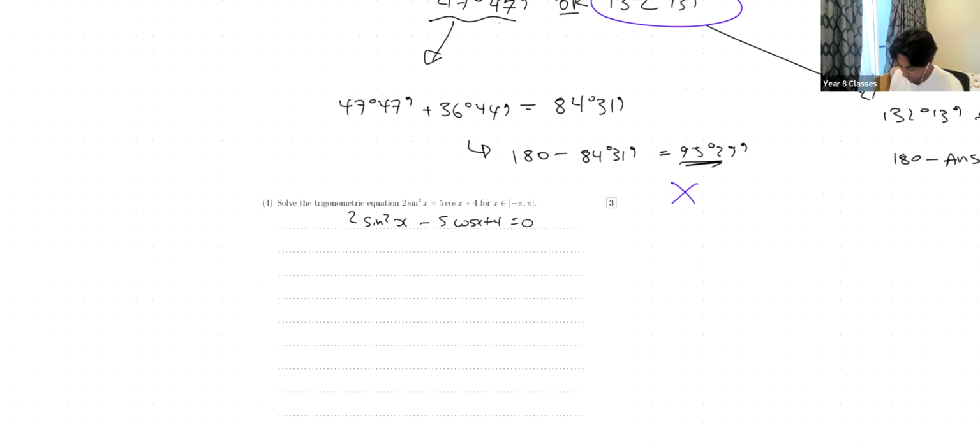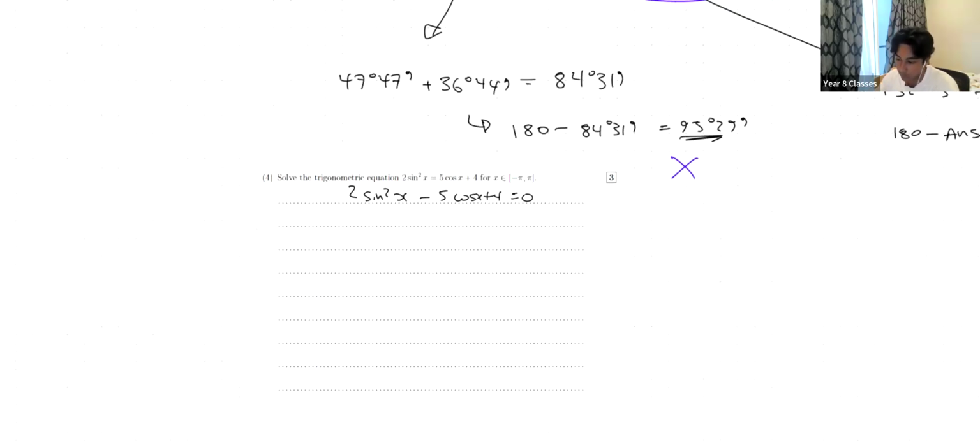Yeah, that's the point I was looking for. You want to make it all one variable. Reason being, later on you can do a u substitution and say that u equals cos x. So doing that, you're going to get, like you said, cos squared, 5 cos x plus 4.